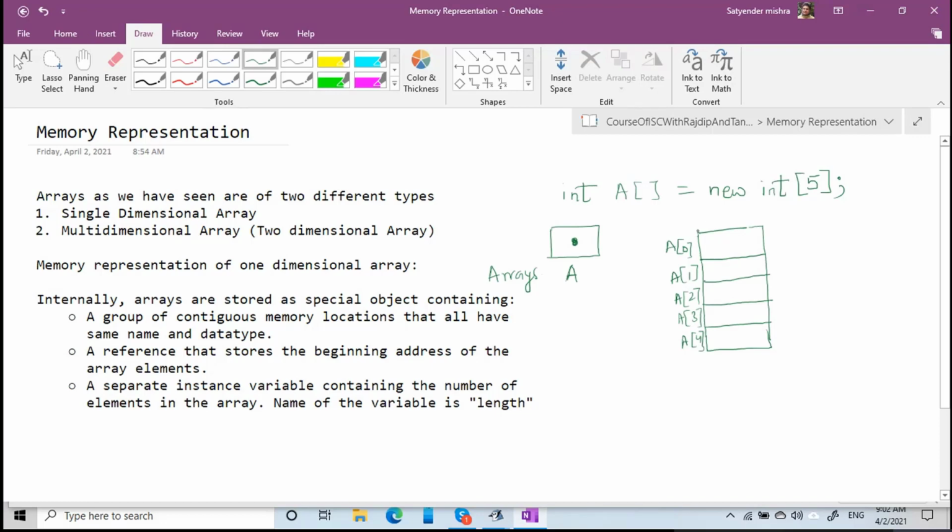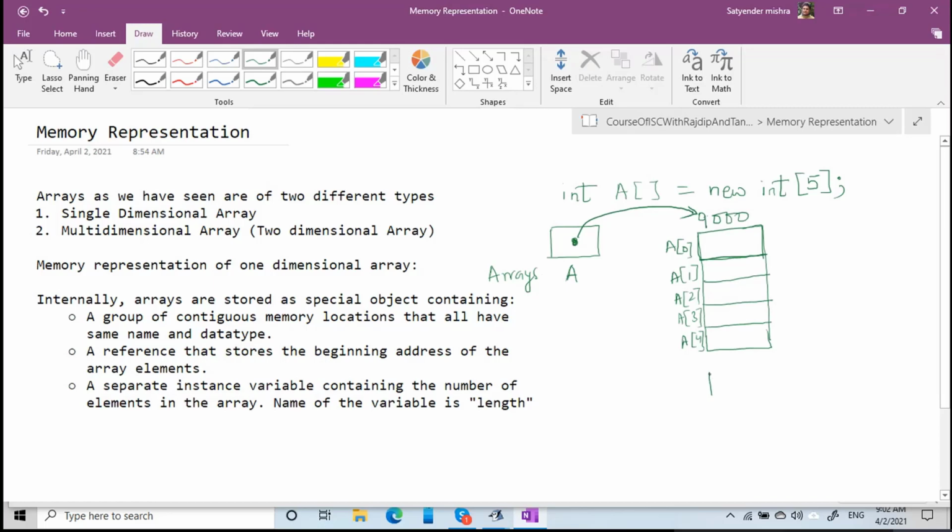The starting address of the first cell is say 9000. So this 9000 is pointed by this variable, and there is another variable associated with this.